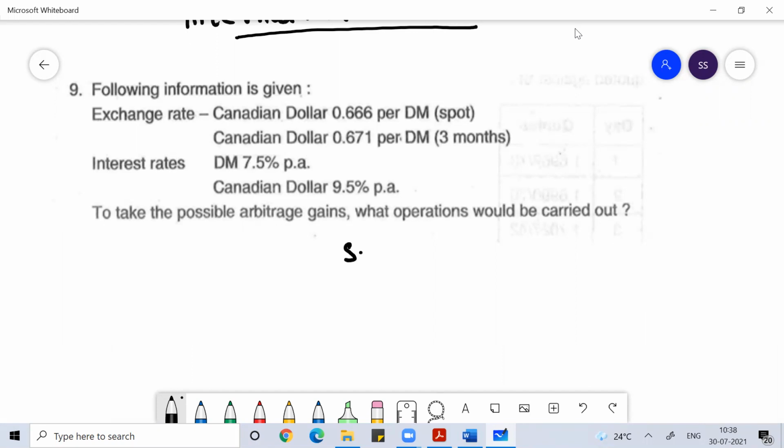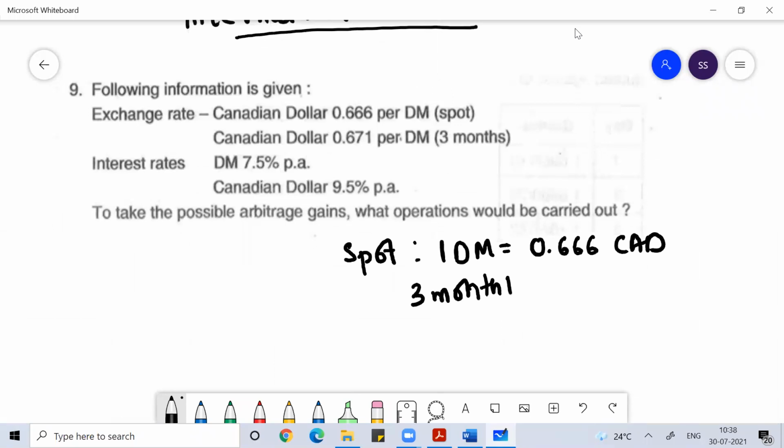The spot rate is one Deutsche Mark equal to 0.666 Canadian dollar, which is nothing but 2 by 3 Canadian dollars. Then the 3 month forward rate is one Deutsche Mark equal to 0.671 Canadian dollar.